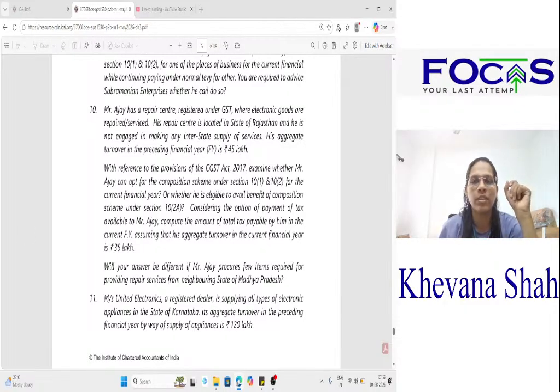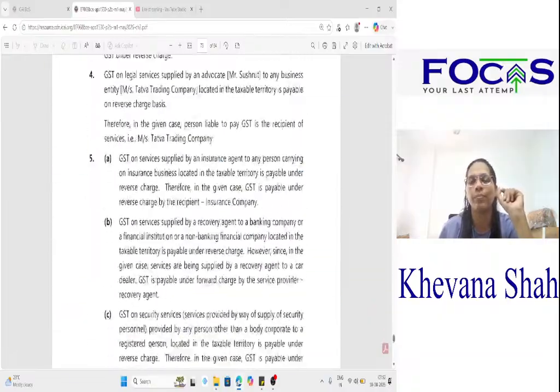Here his aggregate turnover in the current financial year is 35 lakhs. So this is the amount on which I will be calculating my GST tax of the composition scheme, and the preceding year's turnover is the limit that I will be checking for composition eligibility.